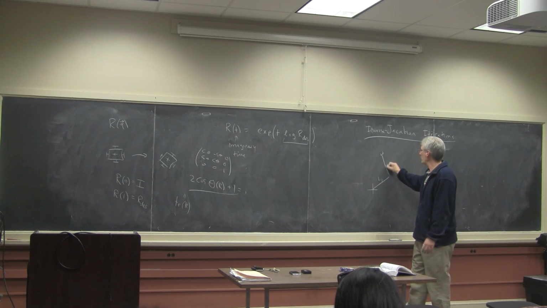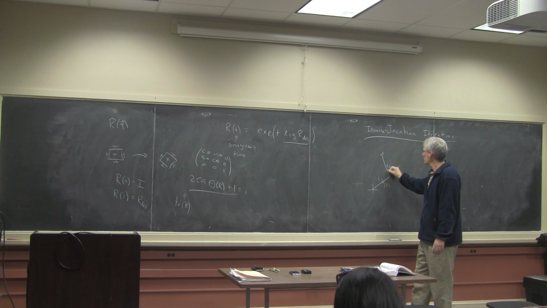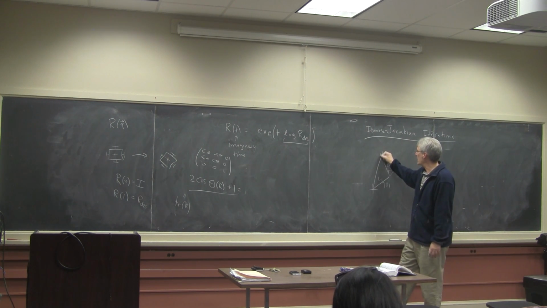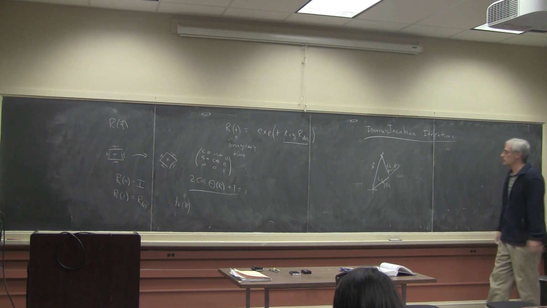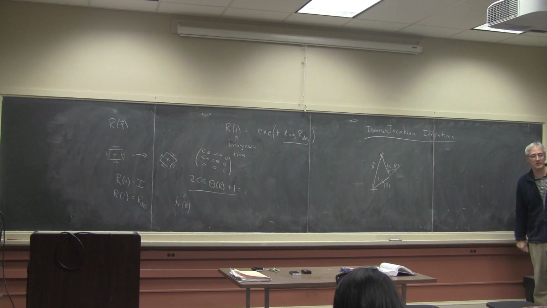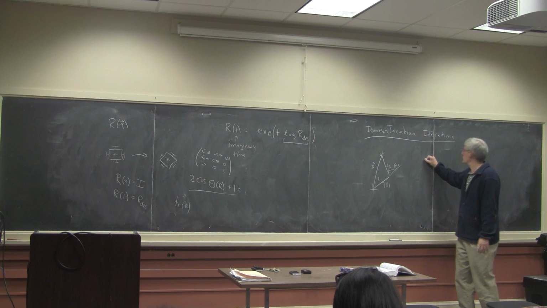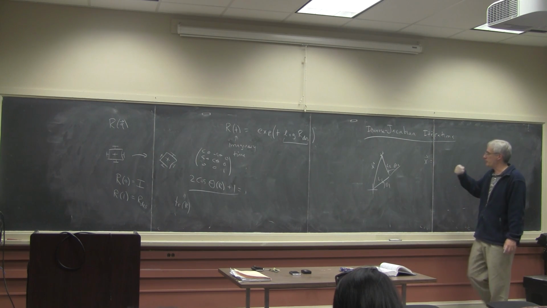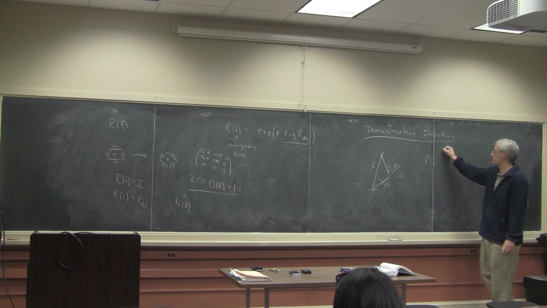is L1, L2, this is theta 1, this angle is theta 2, this vector to the end here is the position vector x. This two-link manipulator is essentially the same thing as a double pendulum. And the so-called forward kinematics are, you have the thetas and you want to find out what x is.